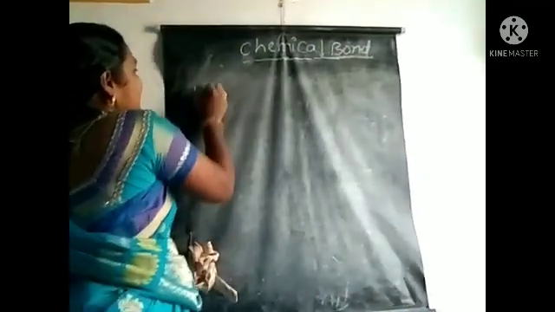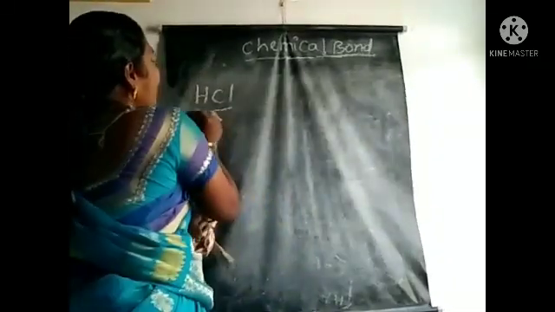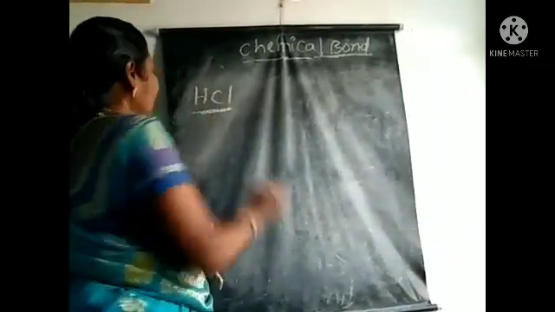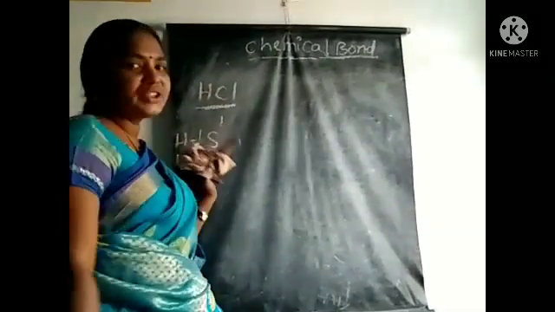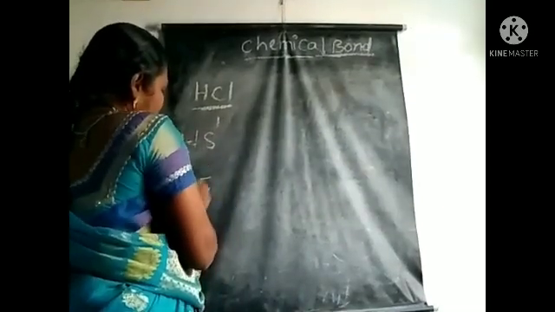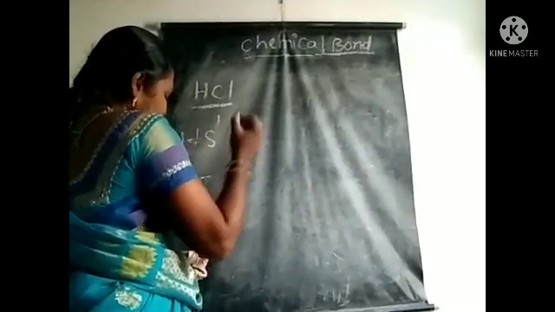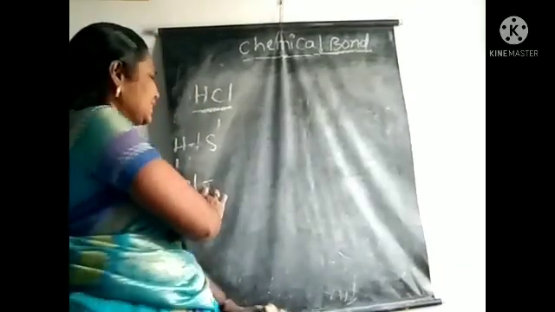Okay, observe HCl. Hydrogen contains only 1 electron, that means 1s1. Hydrogen electronic configuration is 1s1. Let us observe chlorine. The atomic number of chlorine is 17.